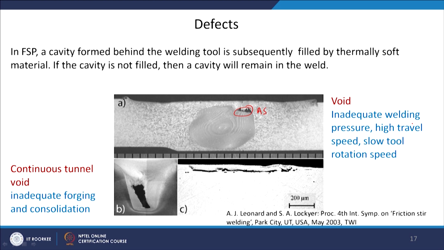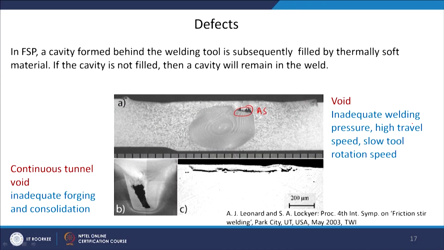When you apply normal force, the shoulder is creating a compression on the sample. The material is stirring in this confined space between the shoulder and the cold environment of the workpiece. So inadequate pressure or normal force, high travel speed or slow tool rotation all contribute to this kind of defect. High travel speed and low rotation speed mean you are not heating the material, so softening of the material is not sufficient.